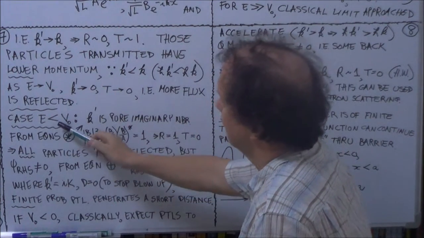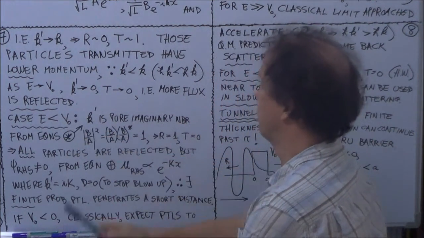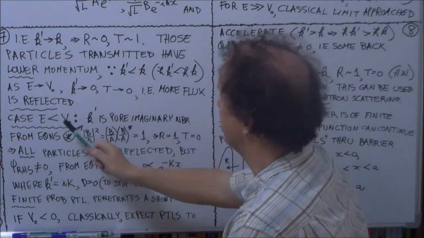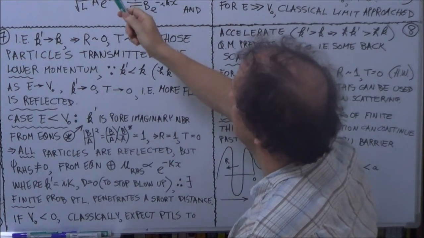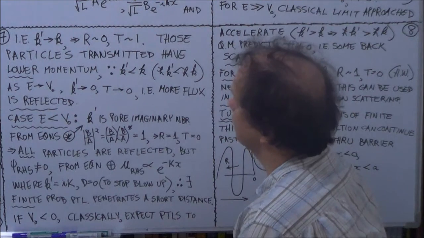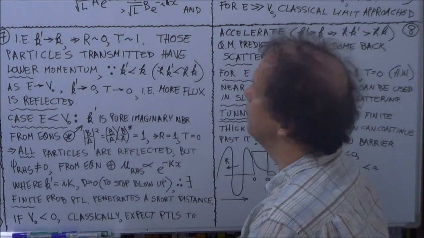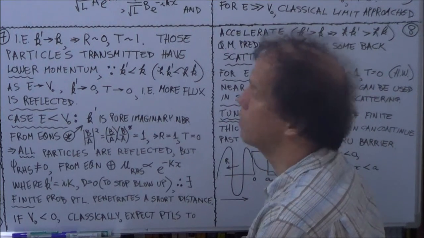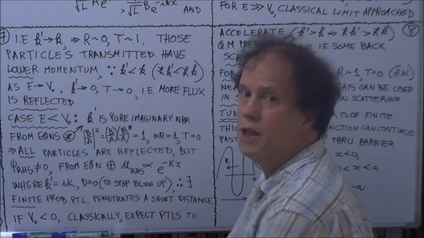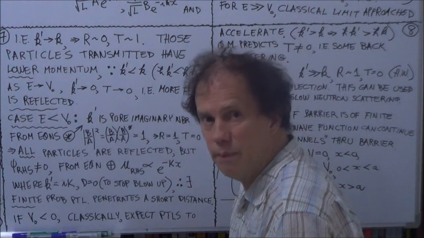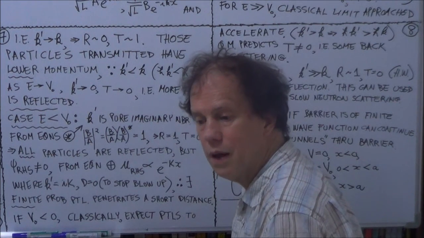So E is now less than V naught. Well, in that case, your k dashed, which is the square root of 2m times (E minus V naught), is a pure imaginary number. What's that?